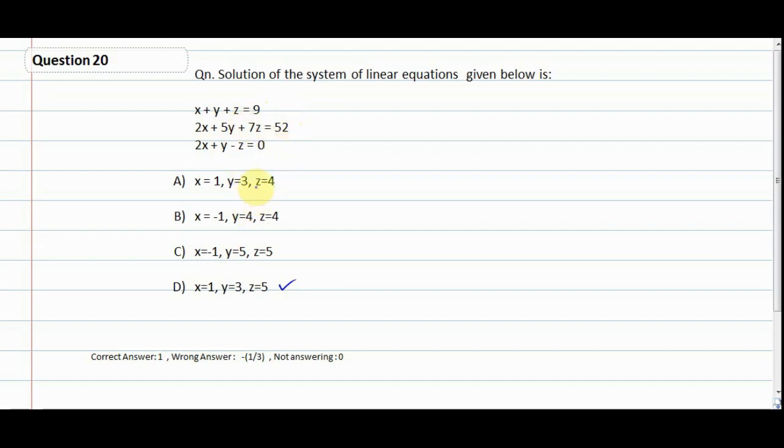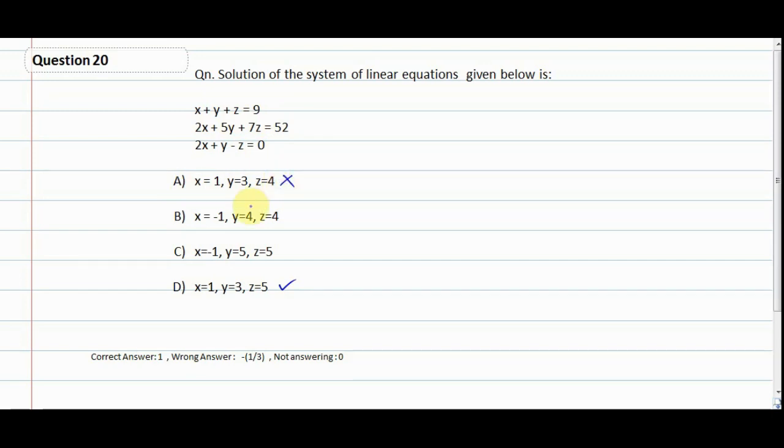Now if you substitute values of x, y and z given by options A and B in equation number 1, you may see that it's not 9. Here x is 1, y is 3 and z is 4. 1 plus 3 plus 4, we are getting 8 and not 9. So option A is not satisfying equation 1, so this cannot be the answer.